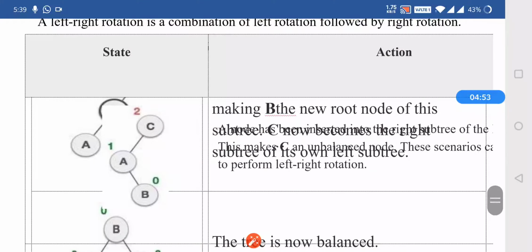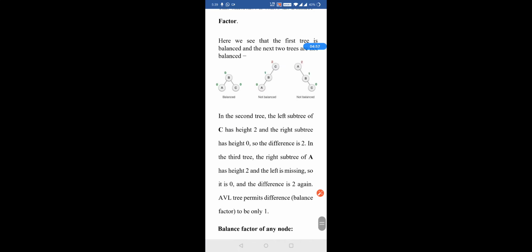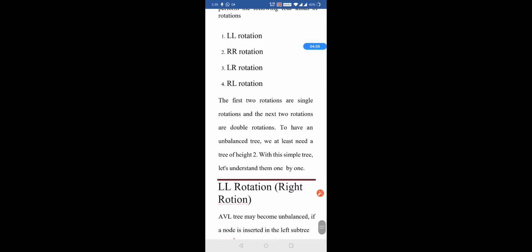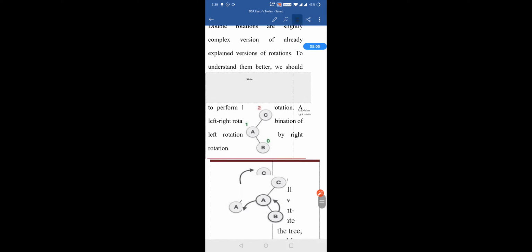Now we can see this particular tree where the unbalanced node is C, with A and B below it. So C is your unbalanced node, right?